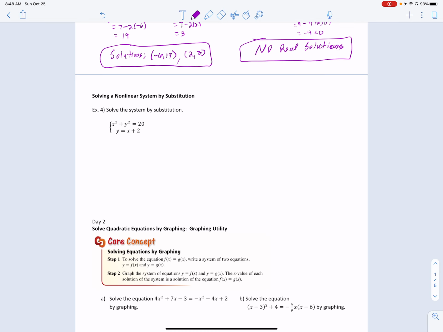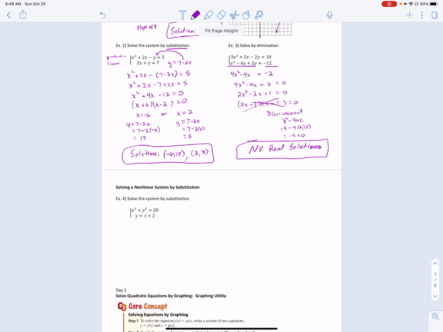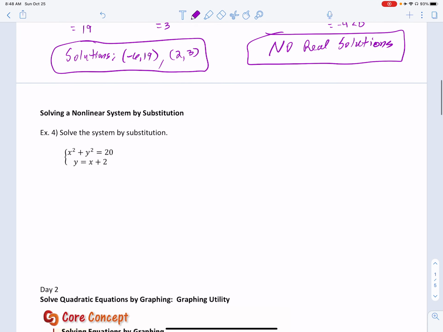Solving a nonlinear by substitution. So we had one above, and now we have another one, but this one actually isn't just a parabola. This one is a circle. Maybe you remember from geometry, x squared plus y squared equals r squared is a circle centered at the origin with a radius of r.